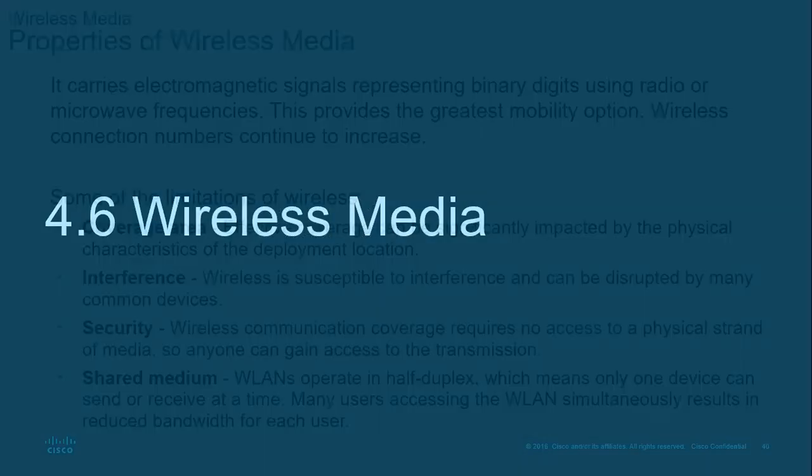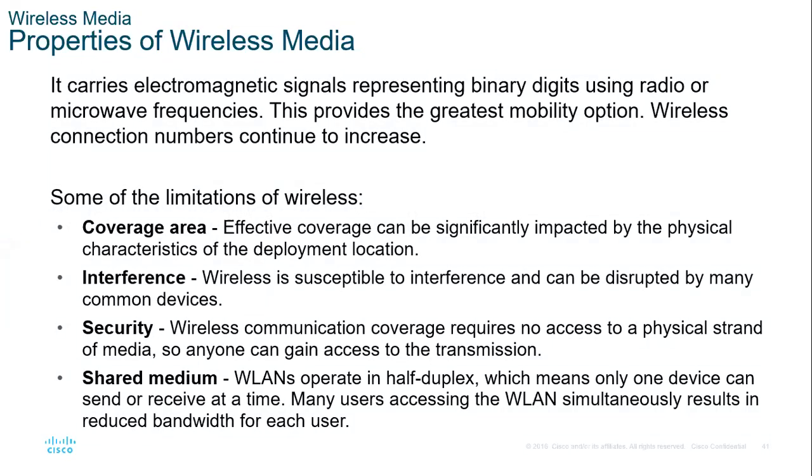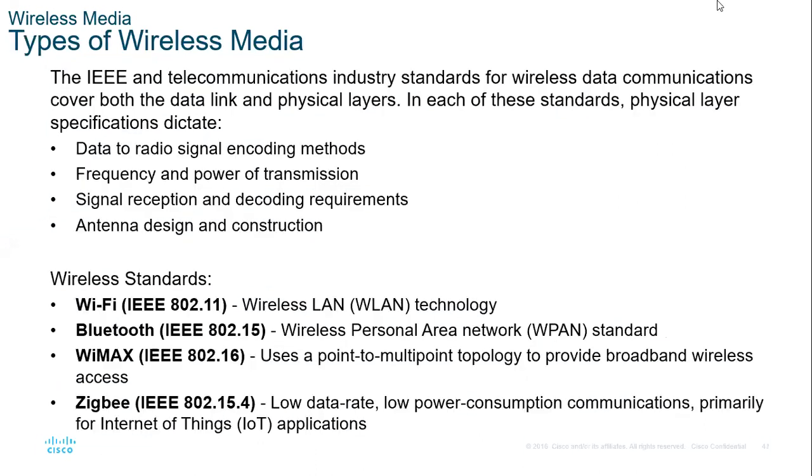Wireless media. Properties of wireless media. As we have already discussed wired media, we need to go for wireless because in wired media cost is very high in comparison to wireless media.